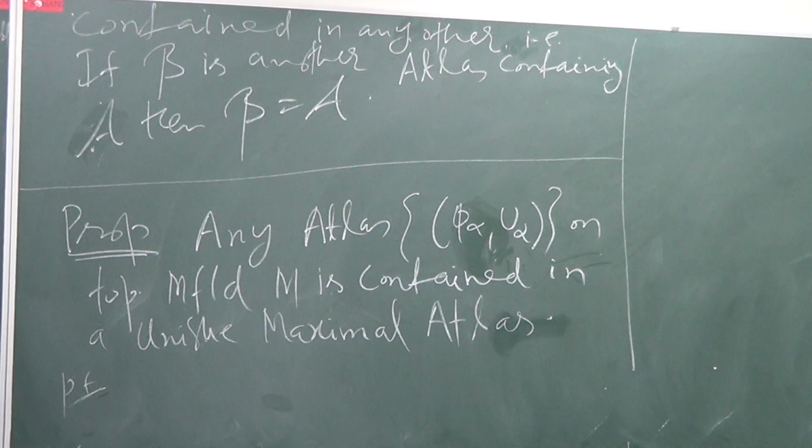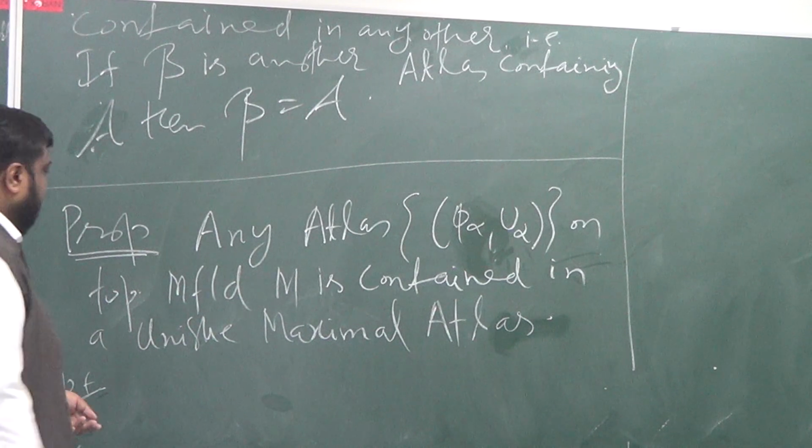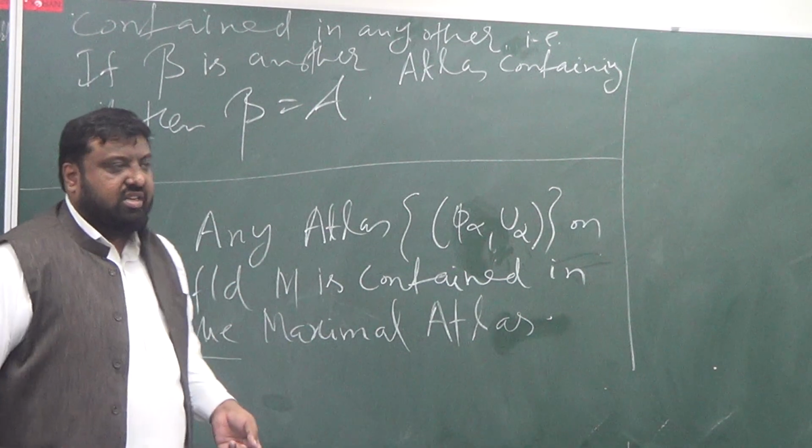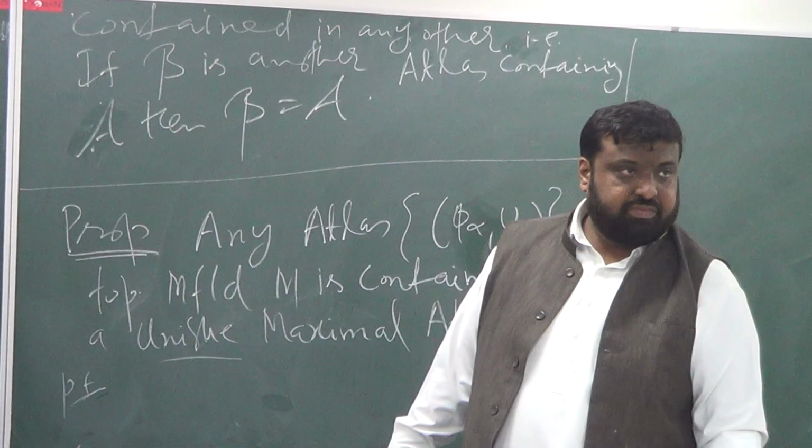Now if you add these new charts into your previous atlas, you're going to get an extended atlas. So I can keep on adding C infinity compatible charts into my existing atlas, and I can ultimately reach one bigger atlas, and we can also easily prove uniqueness. You can read the proof from the book.